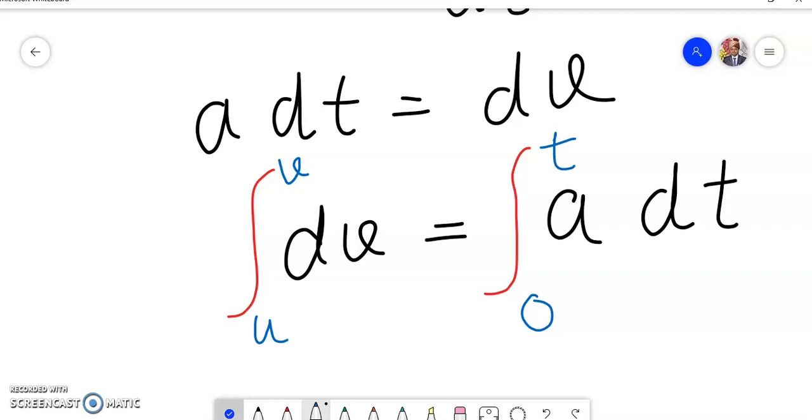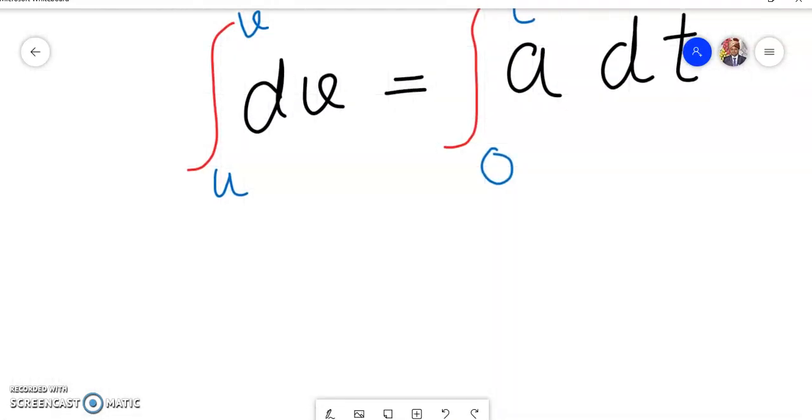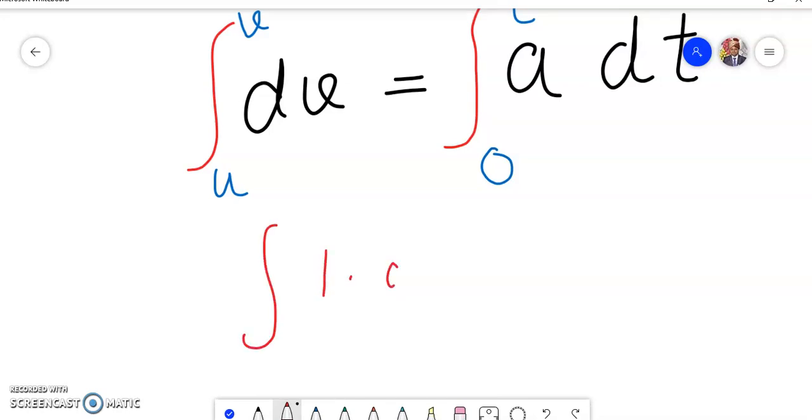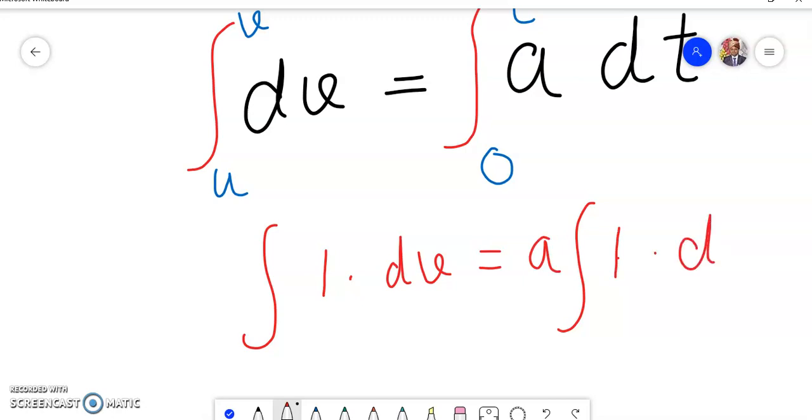See here that this left hand side can be written as 1 dot dv, and on the right hand side a should be taken outside, 1 dot dt. The limits again you can put, u and v, 0 and t.